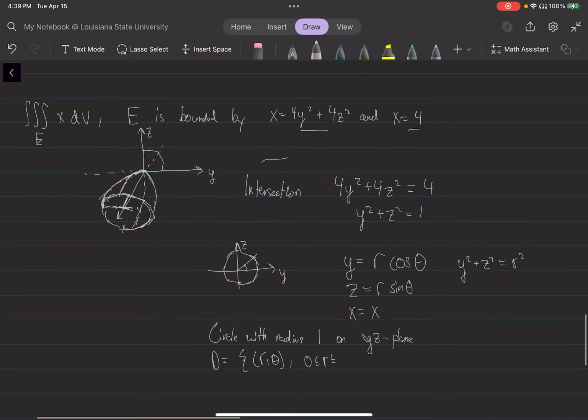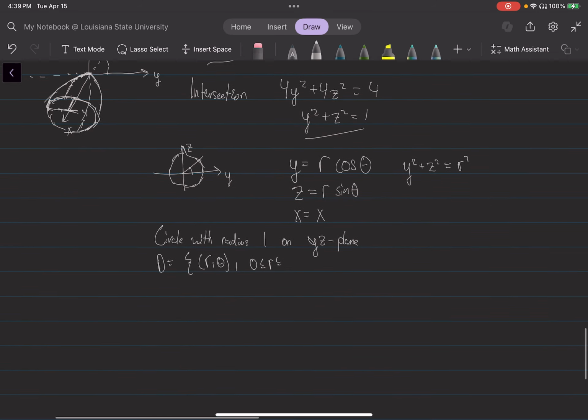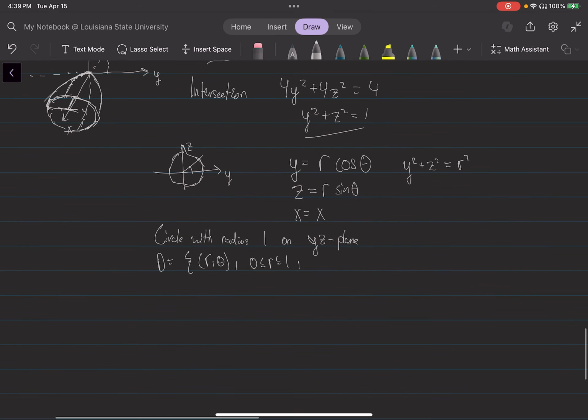To 1, right? Because our intersection has a radius of 1. And theta, full circle, is going to go from 0 to 2 pi.